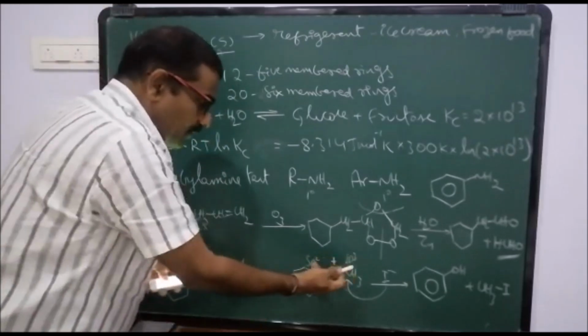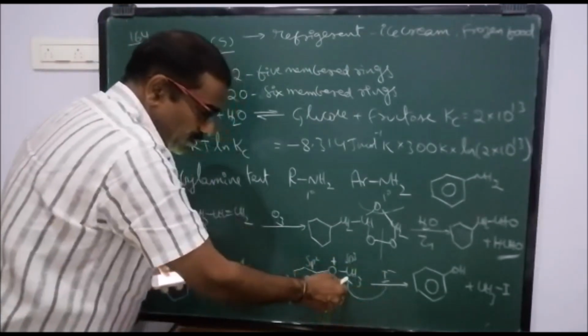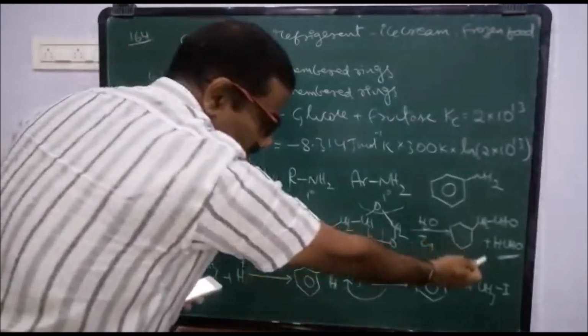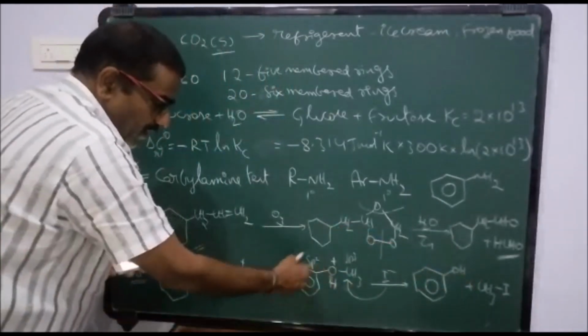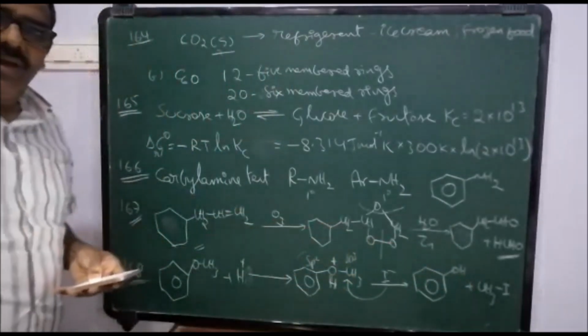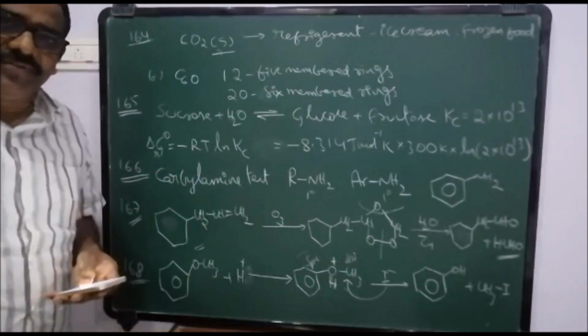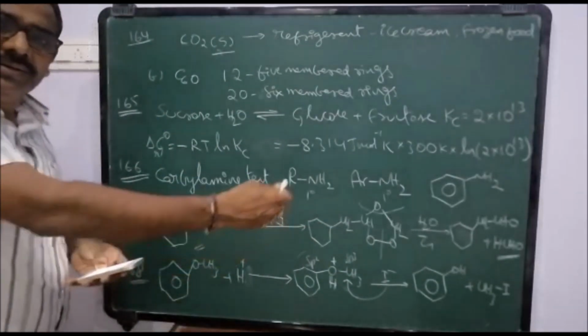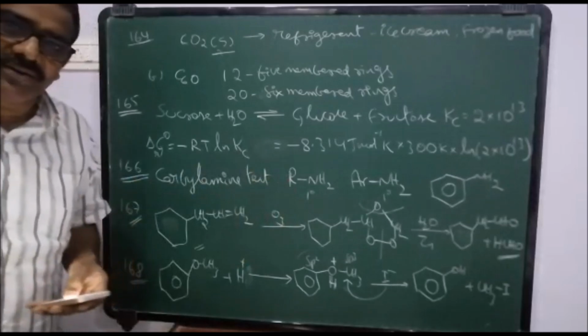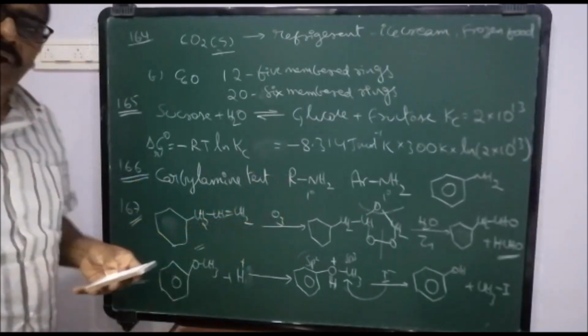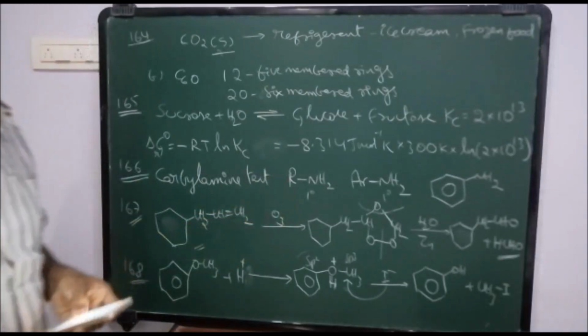But as the sp3 sigma bond is weak, the nucleophile I- approaches this one, and the methyl group is converted into methyl iodide, and this part is converted into phenol. On phenol, even with excess of HI, no further substitution of iodine takes place by replacing OH. So the final products are phenol and methyl iodide.